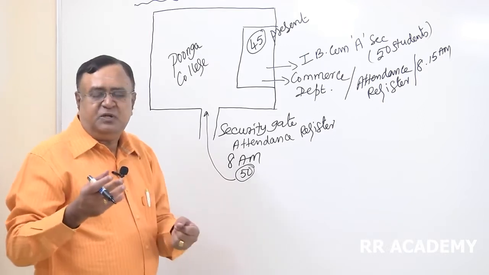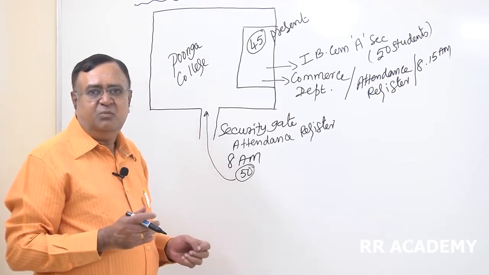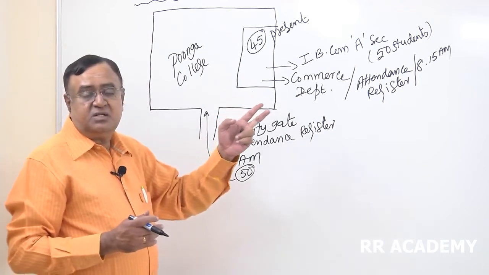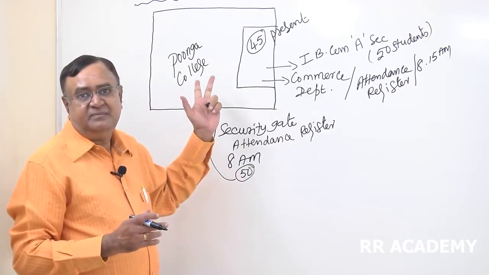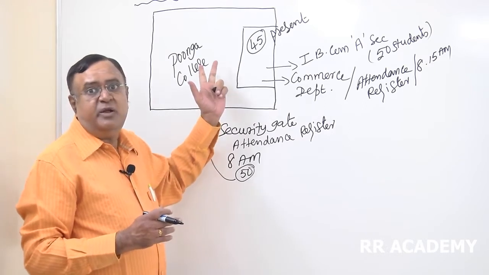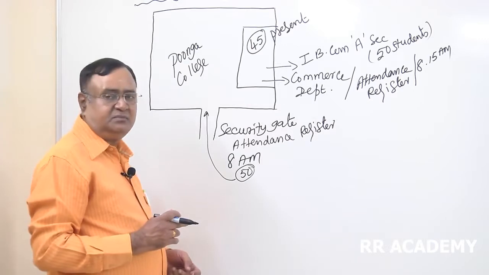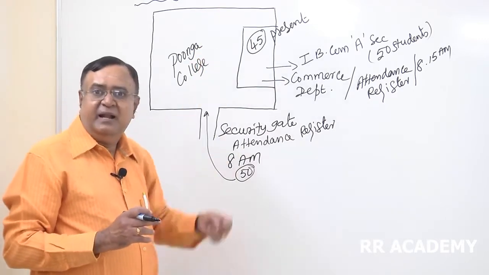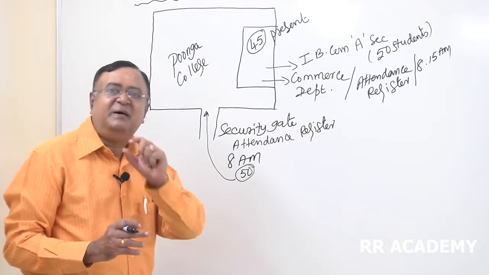What reasonable explanation should the professor give? Can he say, sir, those 5 students have gone to the canteen, or run away? No, because it will go to the principal. So the professor must find a proper reason.